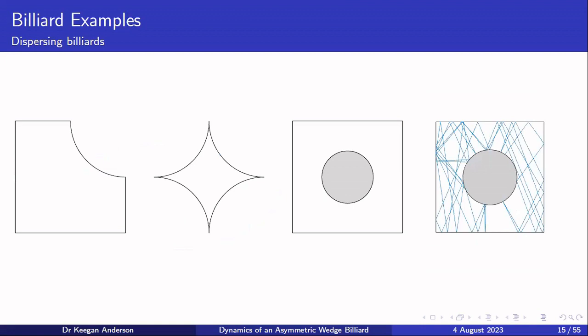Next, we move to examples of these dispersing billiards, the ones that were studied by Sinai. And you can see that in these examples, we have flat walls and we have dispersing walls, which would usually be called concave, or what we would understand as concave walls. But the second picture from the right is the billiard that Sinai studied in his paper.